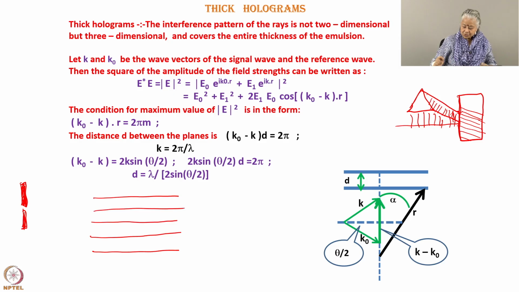Okay. Suppose I just revert this, inverse it, and I am getting an incident beam which is at an angle alpha, which is the same as this alpha. Okay, this is the incident beam. And then you are getting reflections from each surface.